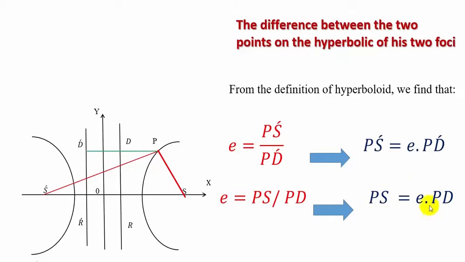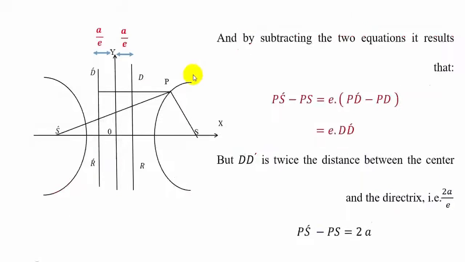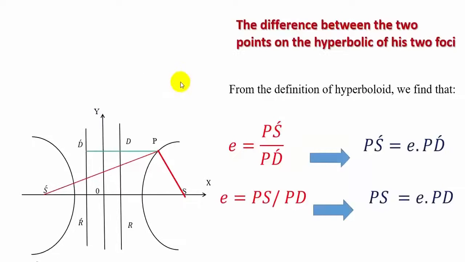Now we want to get the difference between both of those, BS and BS dash. What is the difference between both? I want to show you something here.